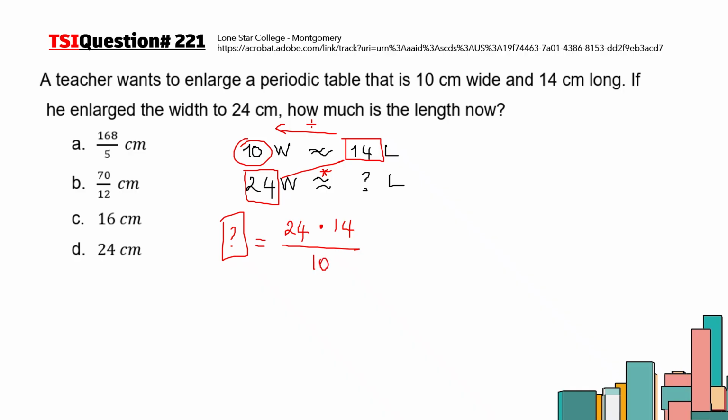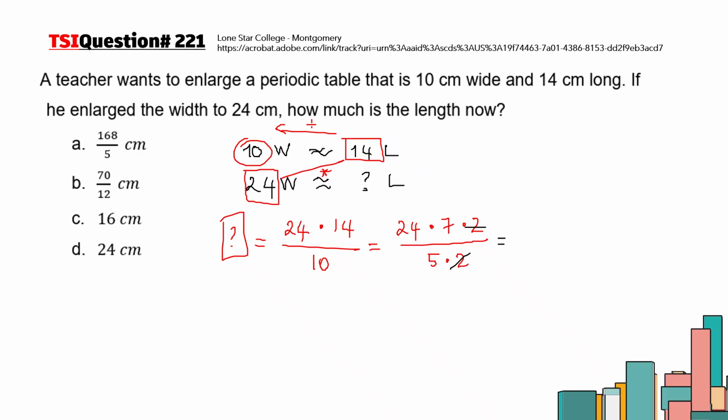We can simplify this one a little bit to make it easier. So 24 multiplied by 7 multiplied by 2 over 5 times 2. 10 is 5 times 2, so we can eliminate 2.